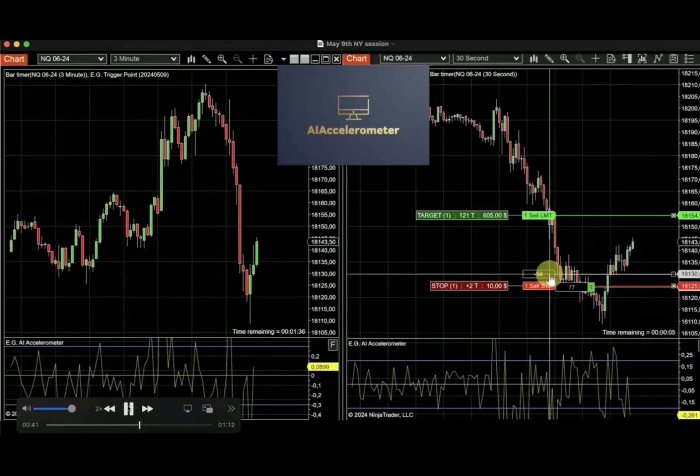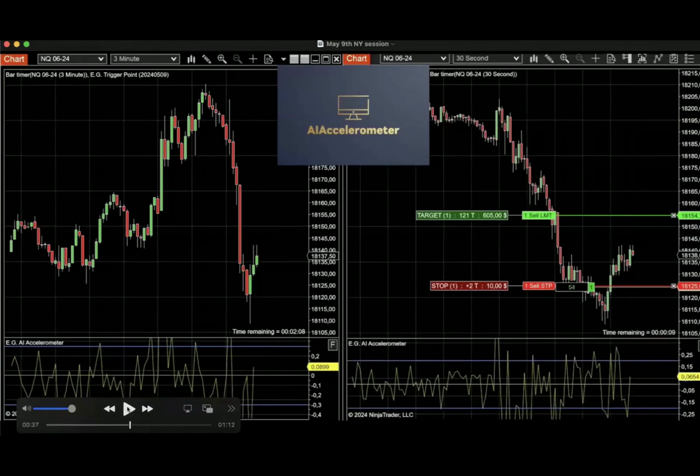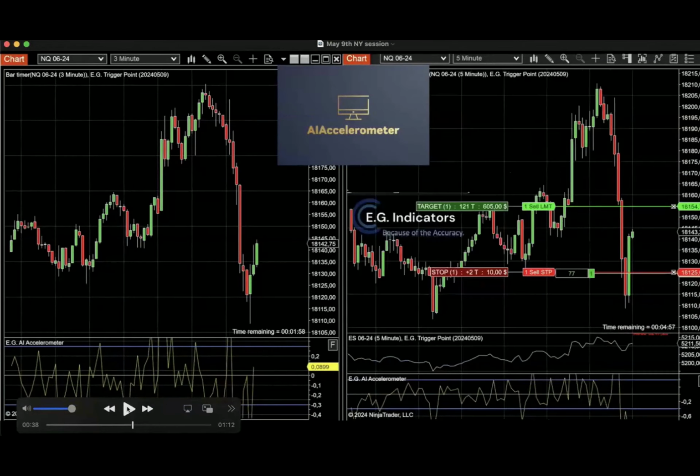Here you could see for a moment, I switched to another time frame to see how it looks, and it looked good. So I decided to keep the trade going.